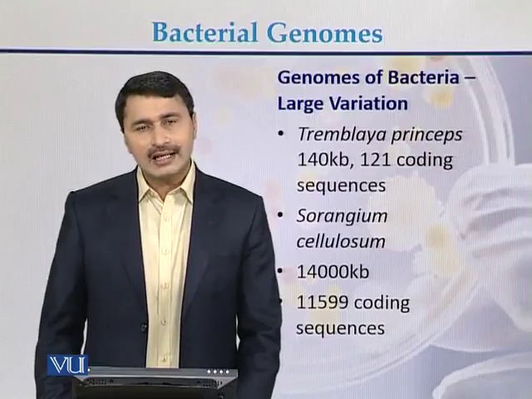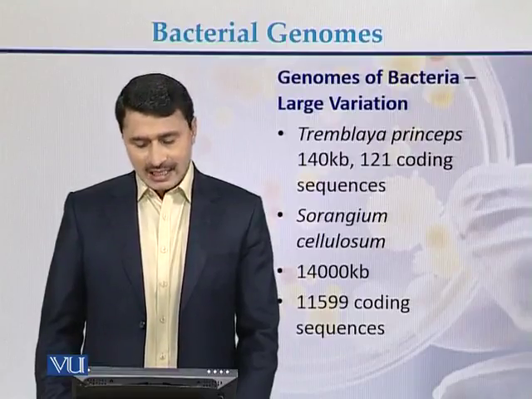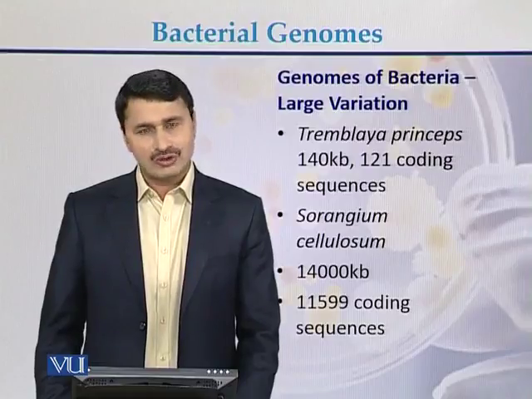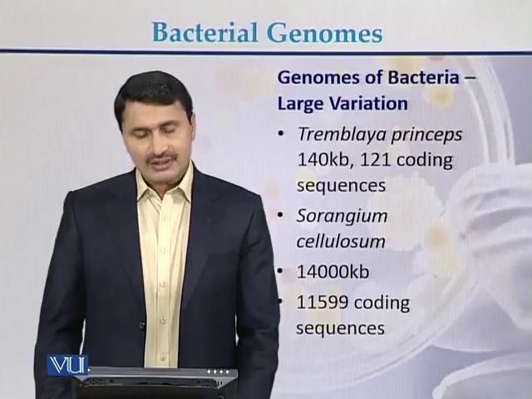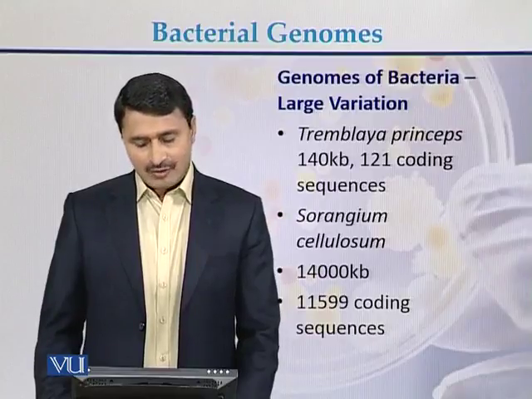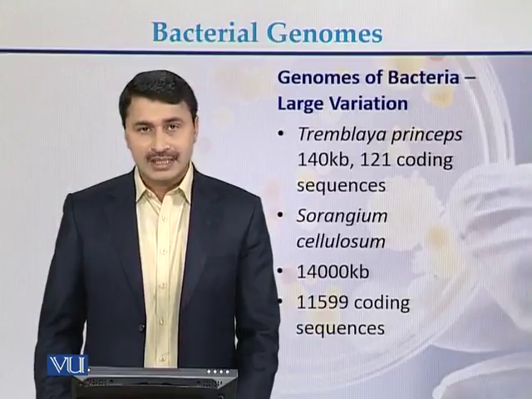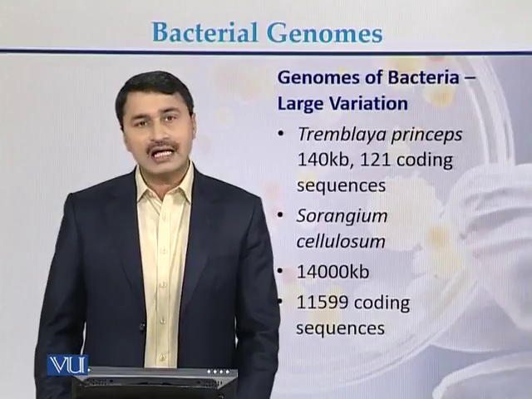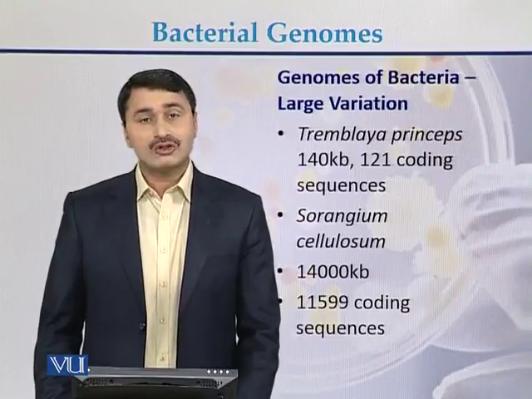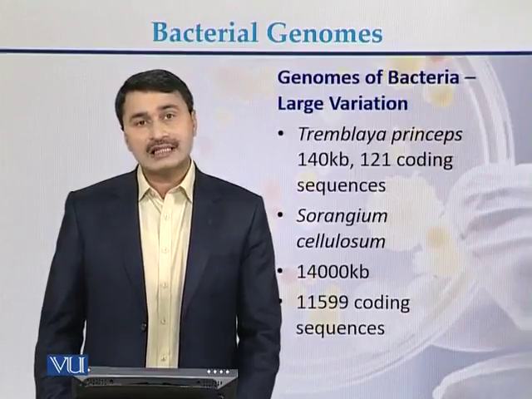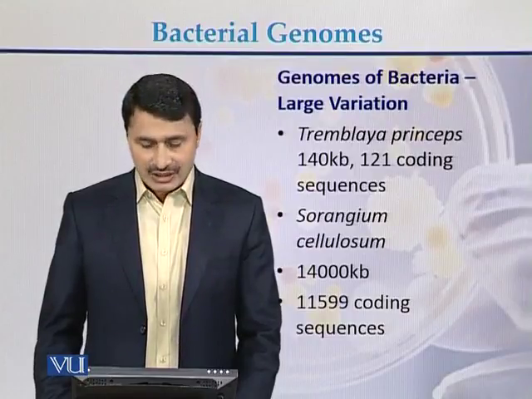On the other hand, in another bacteria, Sorangium cellulosum, the genome consists of 14,000 kb in size, while there are 11,599 coding sequences. So we can see that there is a large variation in the genomes of bacteria.